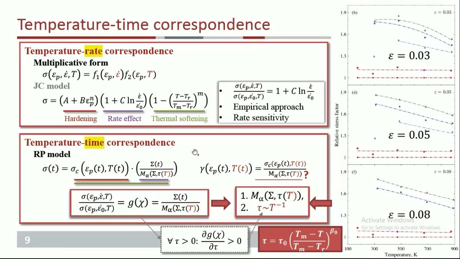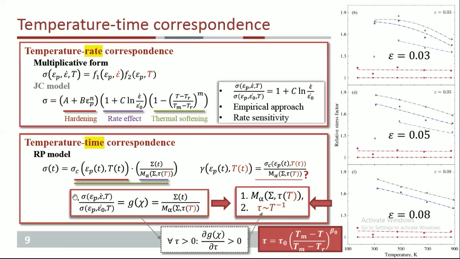And also, just back to the RP model, although we have a function sigma c here, which already depends on temperature and contributes to the thermal softening behavior, still it is necessary to introduce this temperature-time correspondence due to the experimentally observed temperature dependence of the relative stress factor.